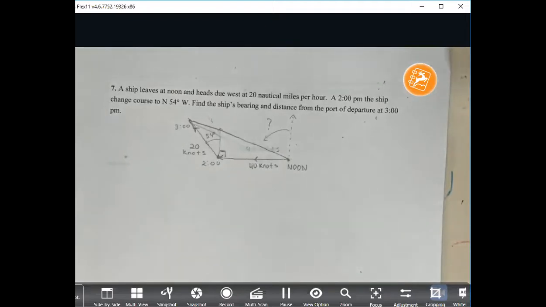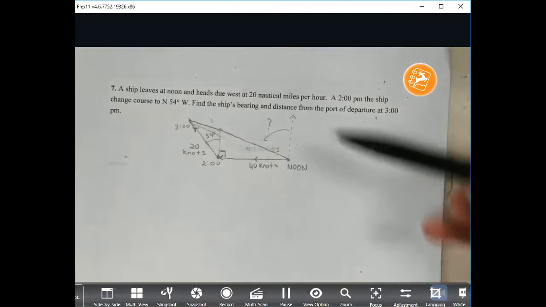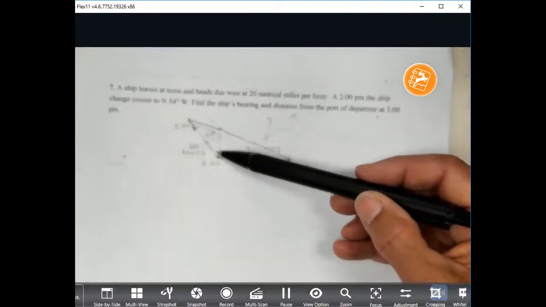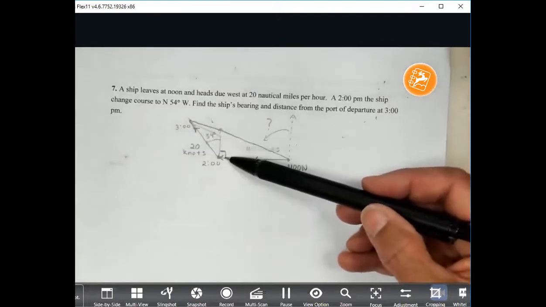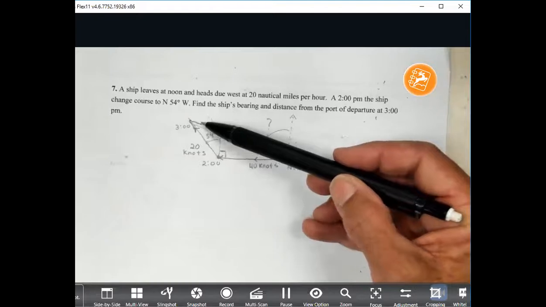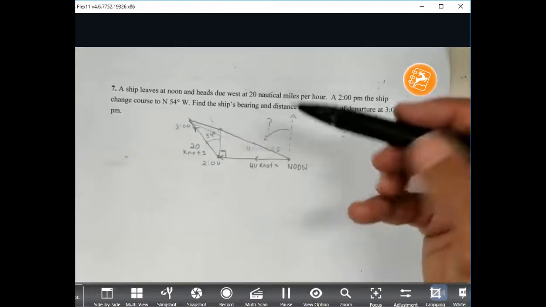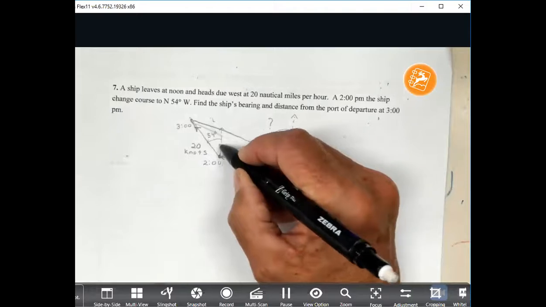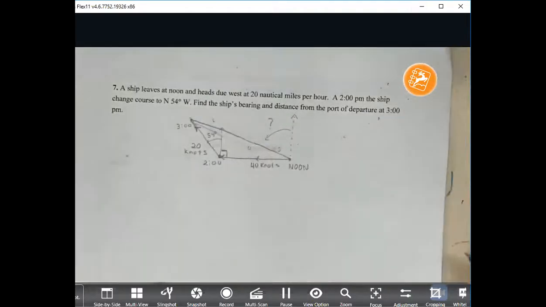What else do I know? You know this one? That's 54 degrees. And so we know this angle up here, this whole angle here. Does that help me any?